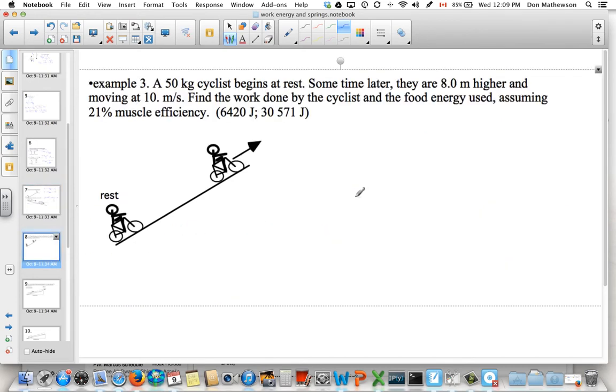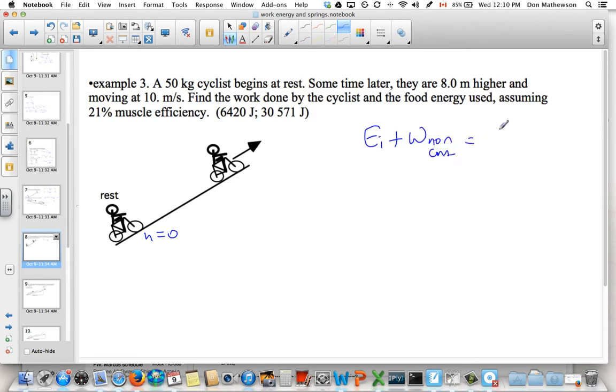So you could rewrite that equation and make it a conservation of energy statement for the universe. Having written a bunch of word equations, let's try a numerical problem. Here we have a cyclist who begins at rest, picks up speed, and later they're a little higher and moving. So we'll make this our zero of height. So mechanical energy at the beginning, plus the work done by non-conservative forces, equals mechanical energy at the end. There's no mechanical energy at the beginning.